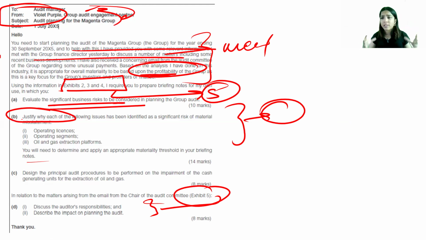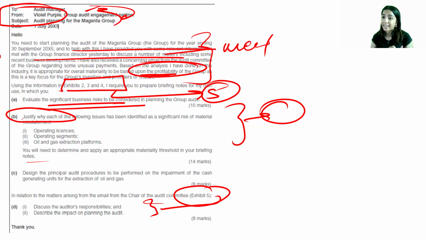So the whole requirement of the question is quite similar to what you do when you are actually attempting the basic question. You identify, you assess the materiality, you keep on telling the incorrect accounting treatment, and finally you justify the impact on financial statements. But here the question has asked you why each of the following has been identified as significant ROMM.